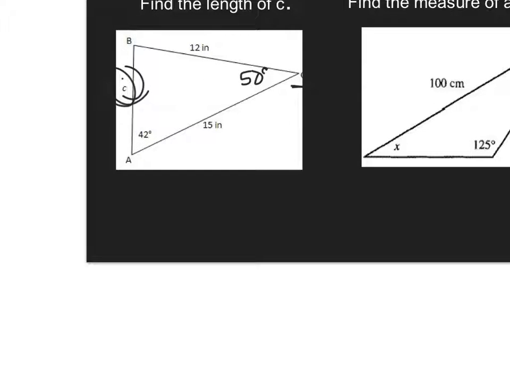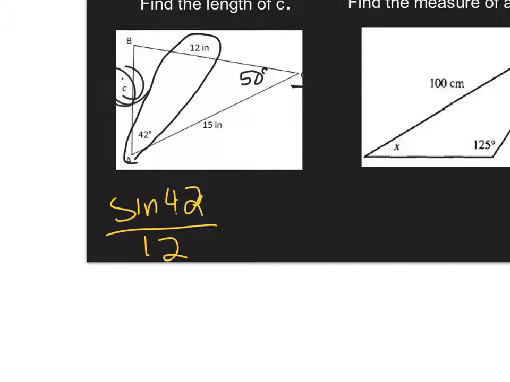The first thing I want to do is identify: do I have any angles and their opposite sides? Yes, I do. I've got this angle and this side. So I can say the sine of 42 over 12 is going to be equal to the sine of 50 over C, because C is what we're trying to find.